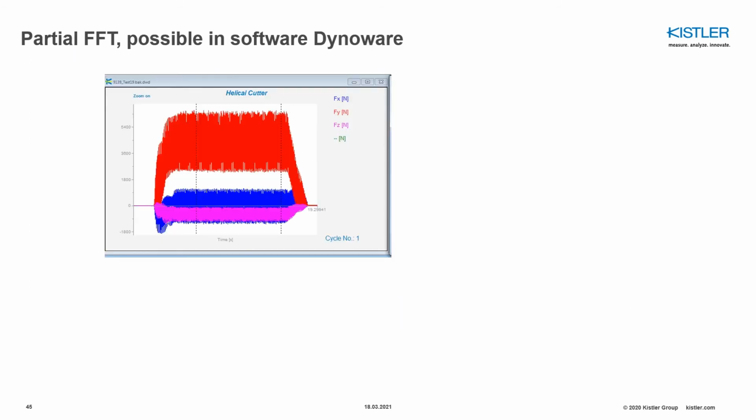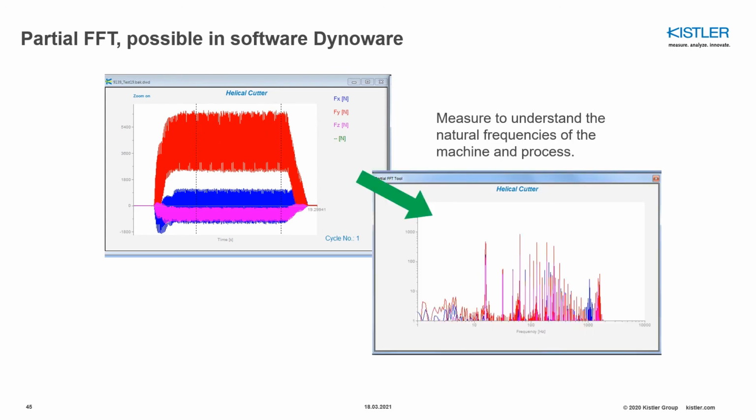This is a force measurement, as you can see, and we can perform a partial FFT on that, and that is possible in our Dynoware. Why is that important? Because as you can see, the force measurement consists of different types of frequencies, and when you make the FFT analysis, you can see which kind of frequencies you have, up to which amplitudes, in your force measurement.